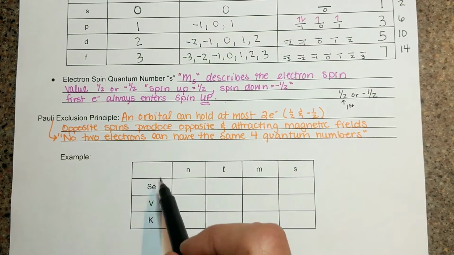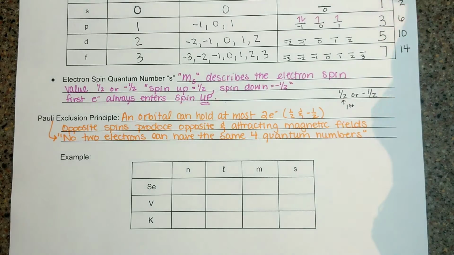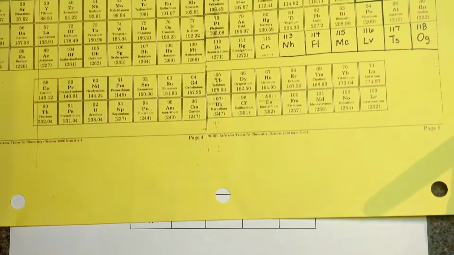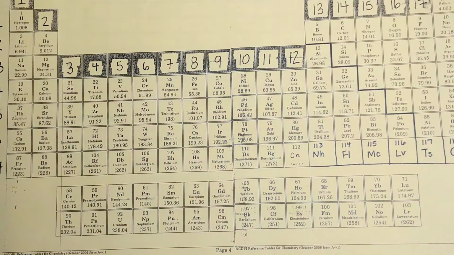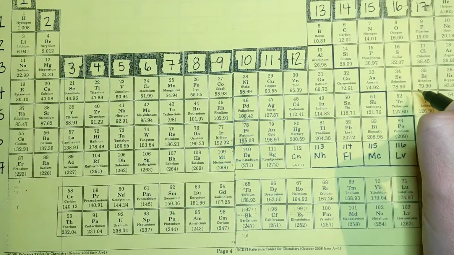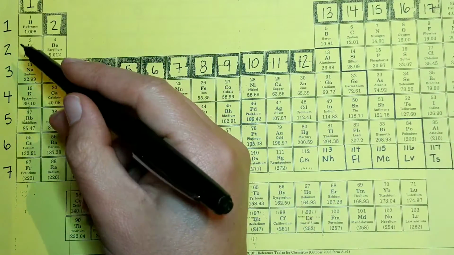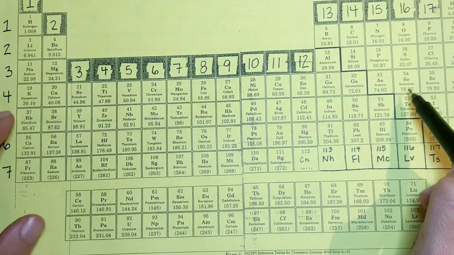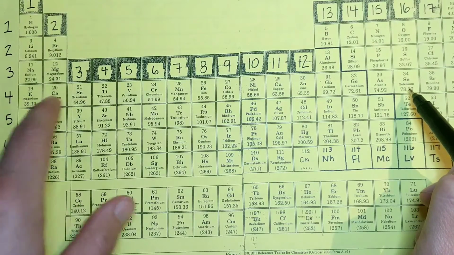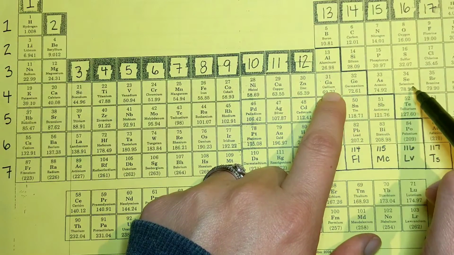If I have the element Se, I need to first figure out where that element's location is on the periodic table. Selenium is here, and I have my energy levels drawn in. It's energy level 4, and this is my P block, so 4p, 1, 2, 3, 4.